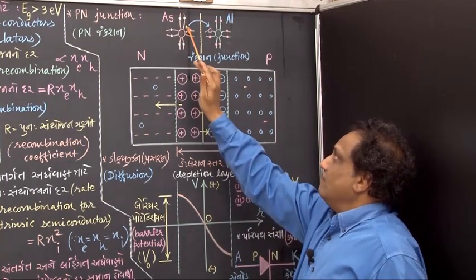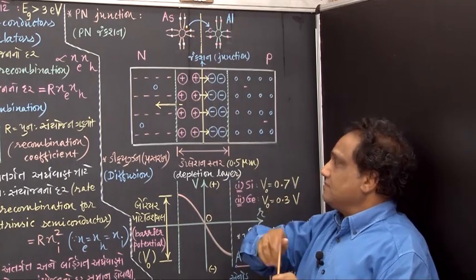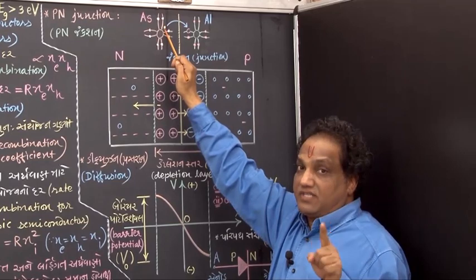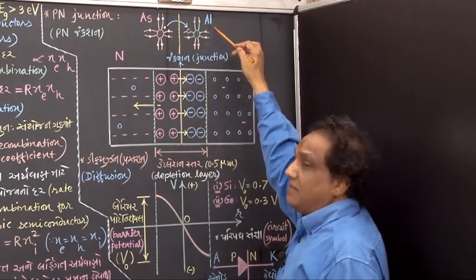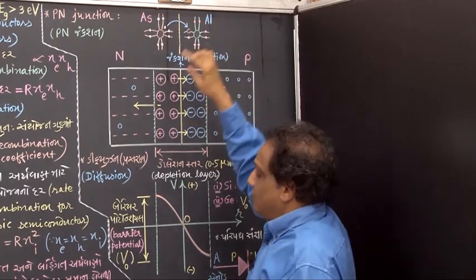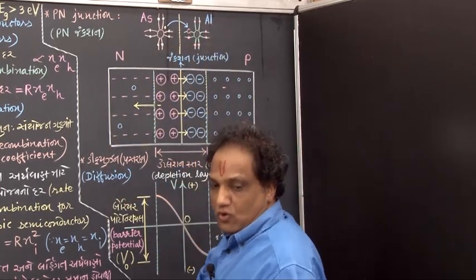This one I am showing as fifth extra electron. And on opposite side we have aluminum atom, in which out of the 4 covalent bonds, in one of the bonds we have a hole.